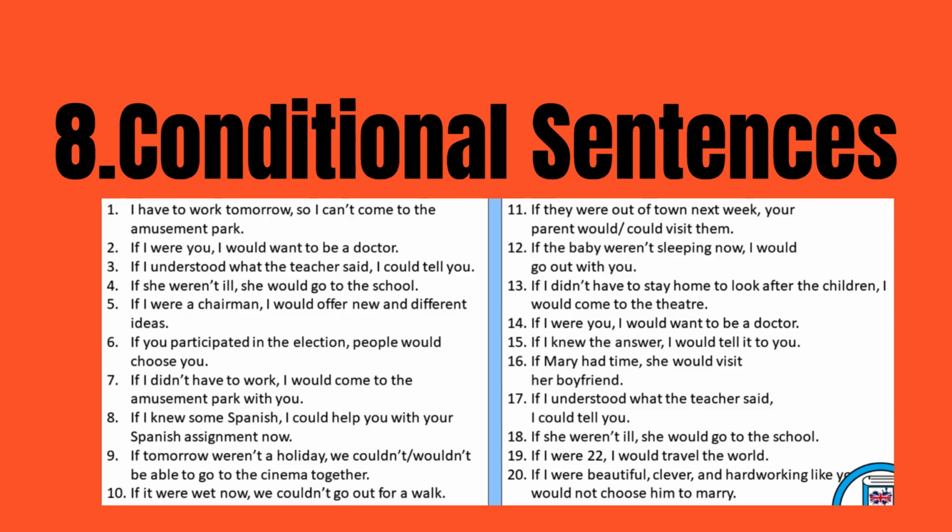The first conditional is used to talk about a likely or possible future situation, while the second and third conditionals are used to talk about hypothetical or unlikely situations. For example, if it rains, I will stay at home, is a first conditional sentence. Knowing how to use conditional sentences can make your writing more sophisticated and interesting.